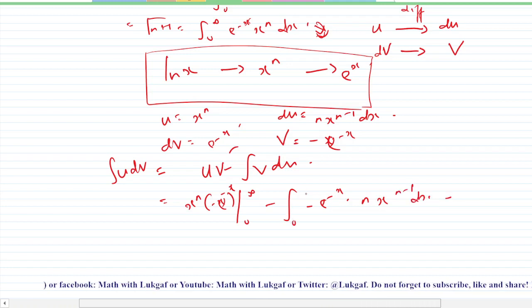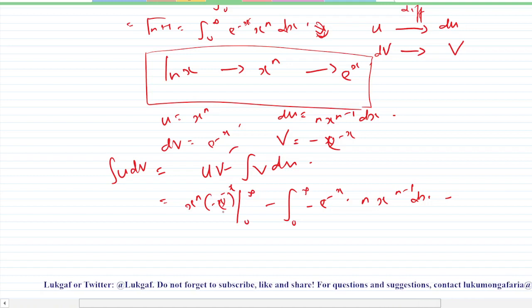Don't forget your limits. Since we are integrating with respect to x, when you see infinity, if you substitute it as the value of x, infinity is a very big number. When you take its power, you are going to have a bigger number as well.